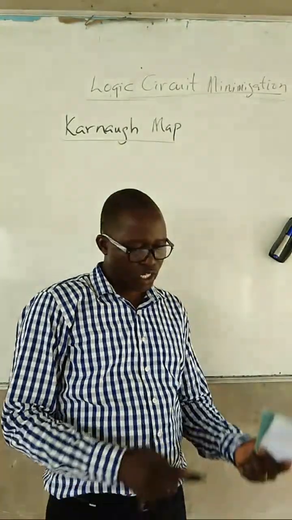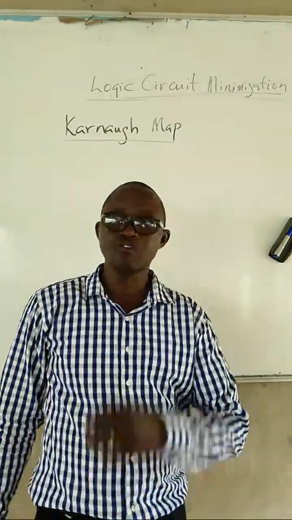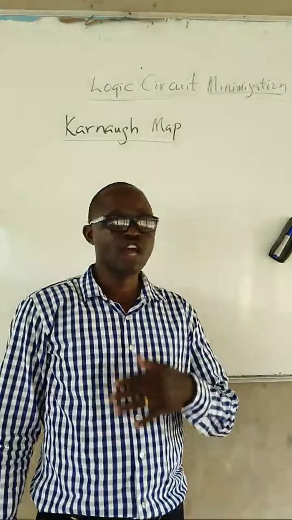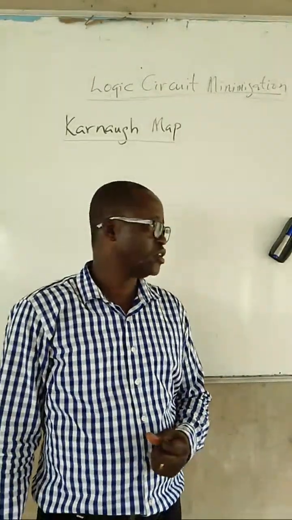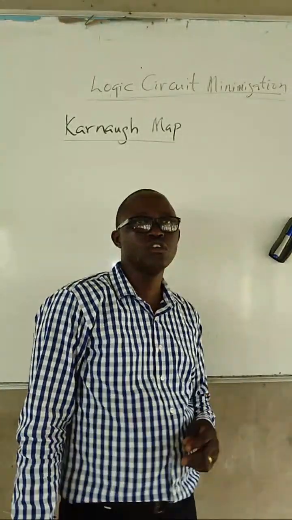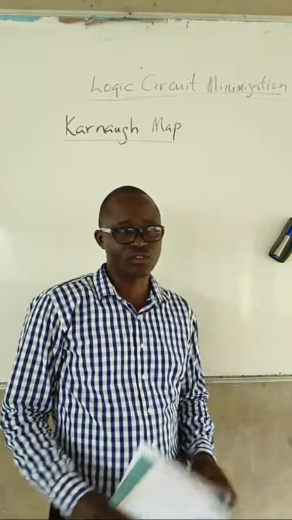One is that we develop maps or cells based on the number of inputs that we have. If you have a two-input logic circuit, you're going to use only a 2 raised to power 2 kind of map. That is 4 cells.